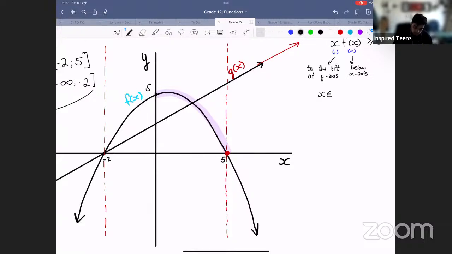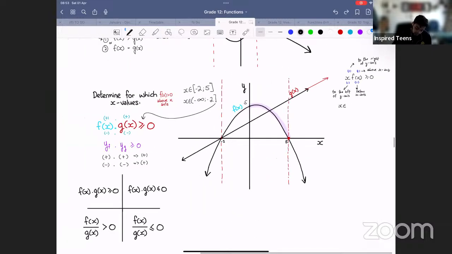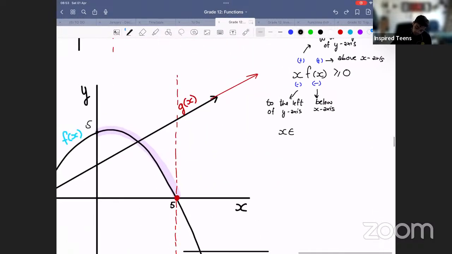Okay, so 0 is indeed correct. It's not 5. 5 is a y value, remember? So x is an element of... I included, I'm going to exclude in my question because why not? I excluded in my question, so now I will exclude in the answer.